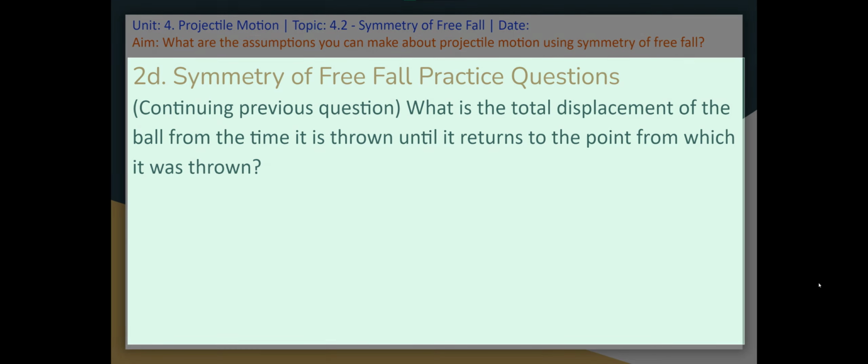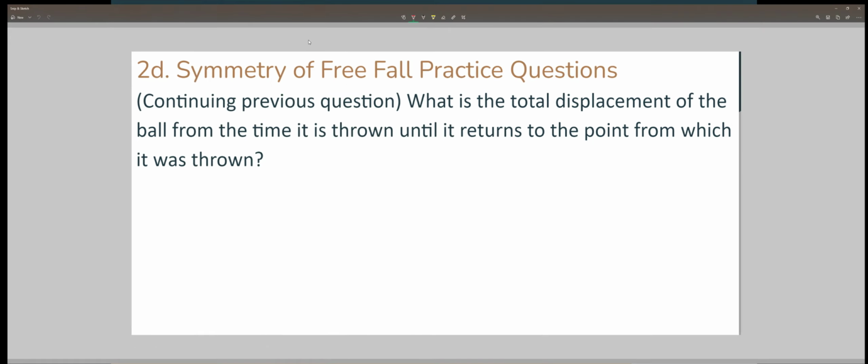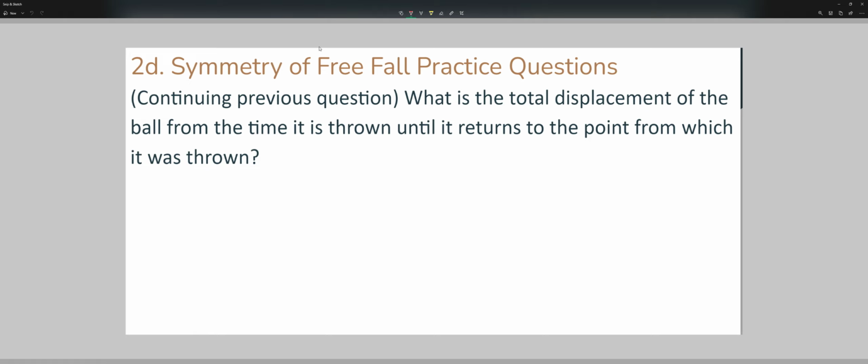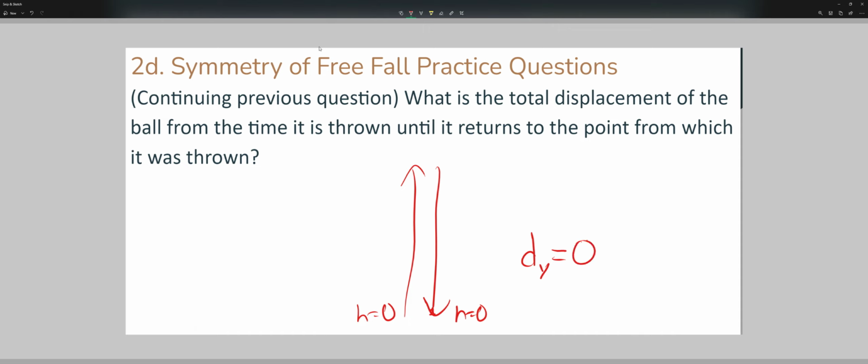2D, what is my total displacement of the ball from the time it is thrown until it returns to where it was thrown from? Right, so what is my displacement? The ball goes up and lands back at the same height. If it lands back at the same height, your height is 0, and you land at a height of 0, so my displacement in the y direction will be 0.